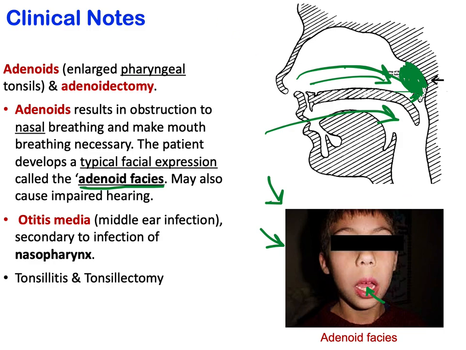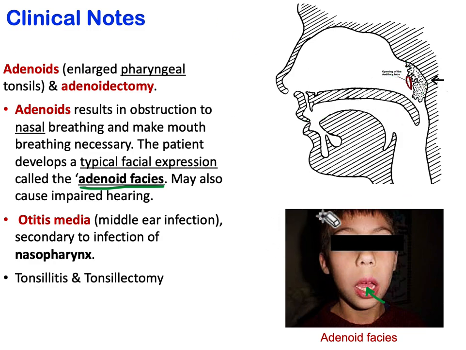And sometimes also, as we are talking about the nasopharynx, we know that there is an opening for the auditory tube, or pharyngotympanic tube, or we call it the eustachian tube, that connects the nasopharynx to the middle ear, right? It equalizes the pressure on each side of the eardrum.